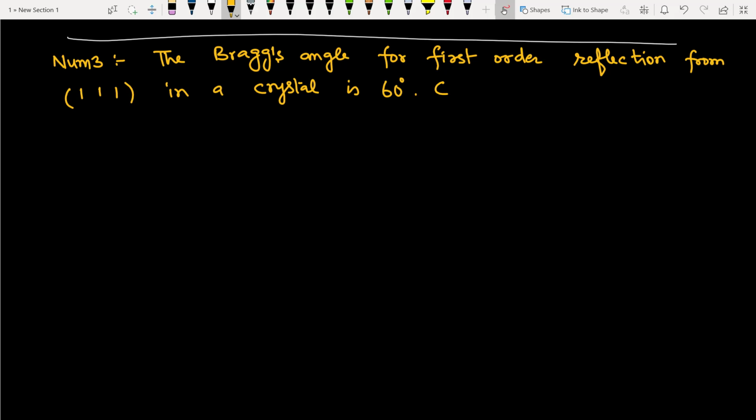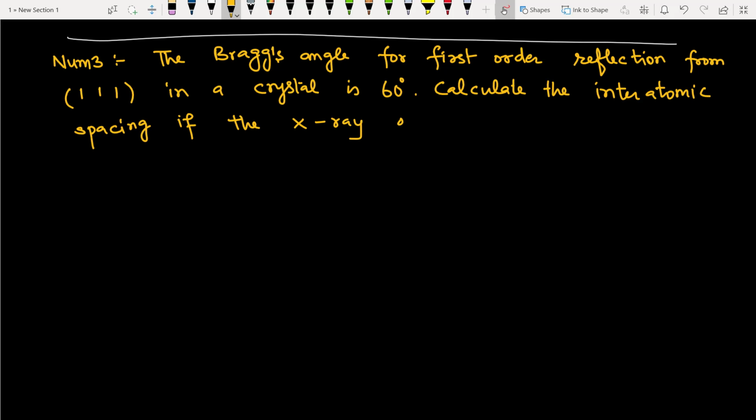Calculate the interatomic spacing if X-ray of wavelength 1.8 into 10 raised to power minus 10 meter is used.